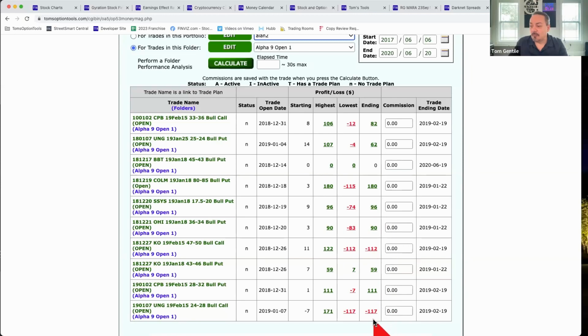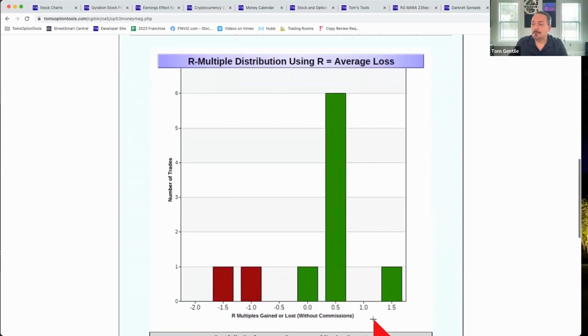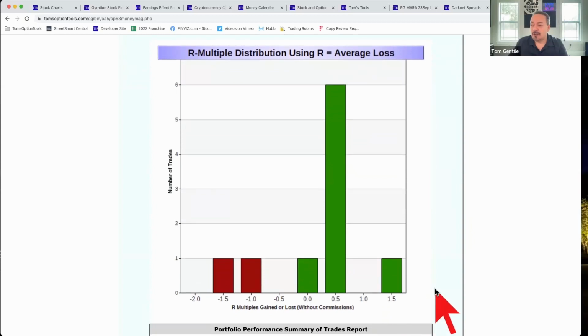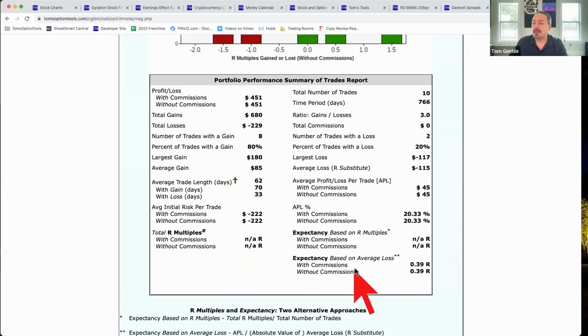Obviously green is profits and the reds were losses. But then we have the ability to look at the R multiples. We can look at distribution on these, and we can run not only a performance report like this, which shows us, if we collected trades and put them in a portfolio and went back and did tests on this. And all my guys do this with their own particular strategies.